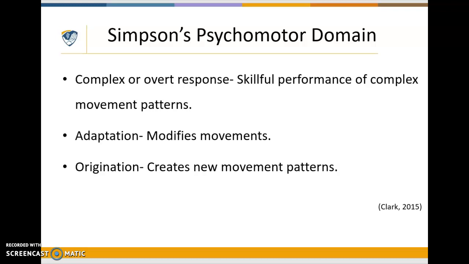Complex or overt response is a skillful performance of complex movement patterns. And then adaptation is to modify the movement. And then origination is to create a new movement pattern. So you can see within this domain, this is something that we certainly can utilize on a clinical basis when we establish our goals for our patients.